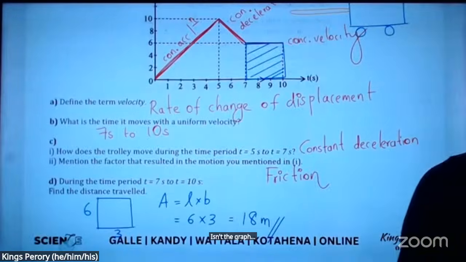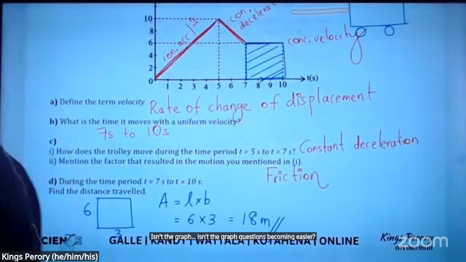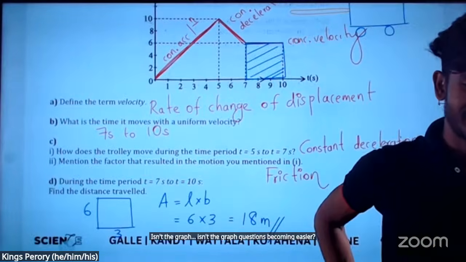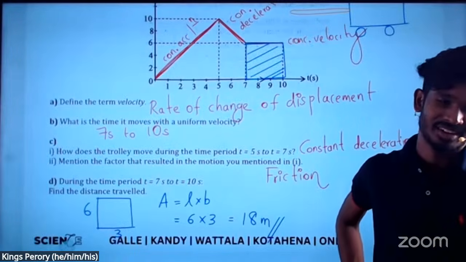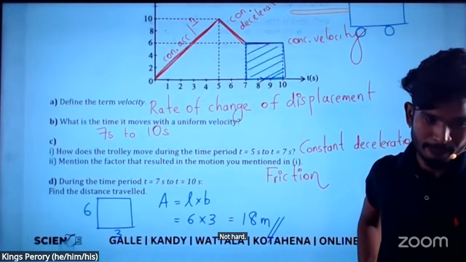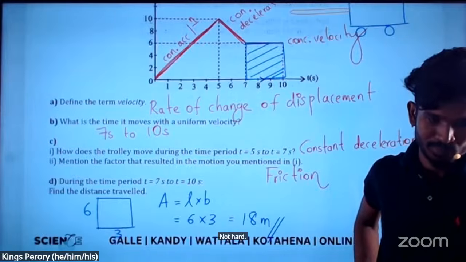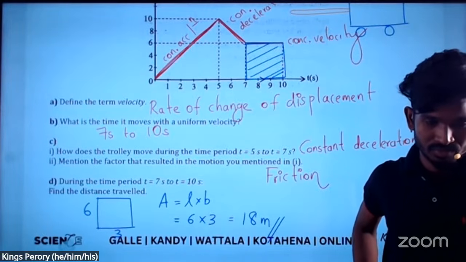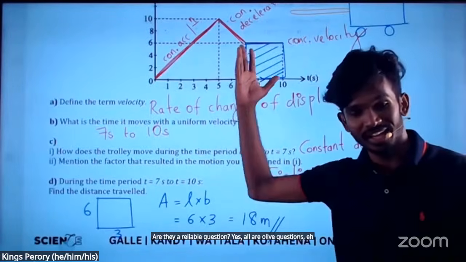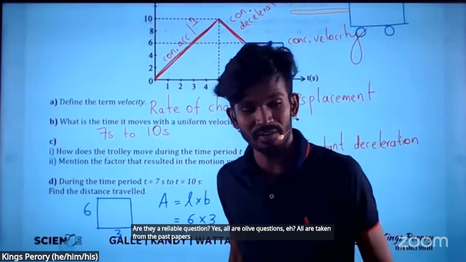Isn't the graph questions becoming easier? Not hard. Are they O-level questions? Yes, all are O-level questions, all taken from the past papers. Maybe you would not have come across these past papers.